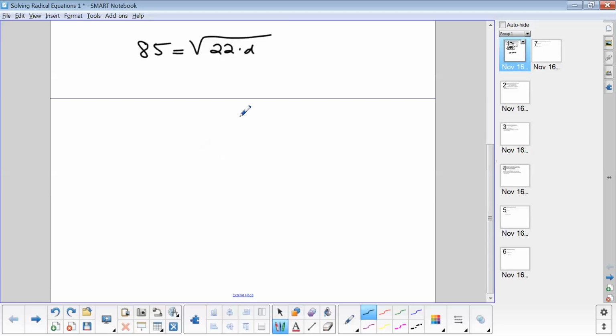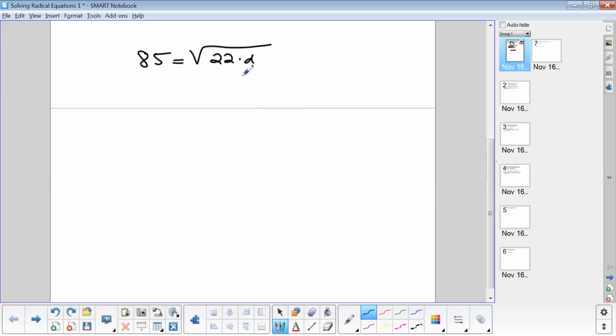So if I want to know the distance here, I need to get to this variable. So what I want to do is take the square root of both sides, so I will square this side and I will square this side.